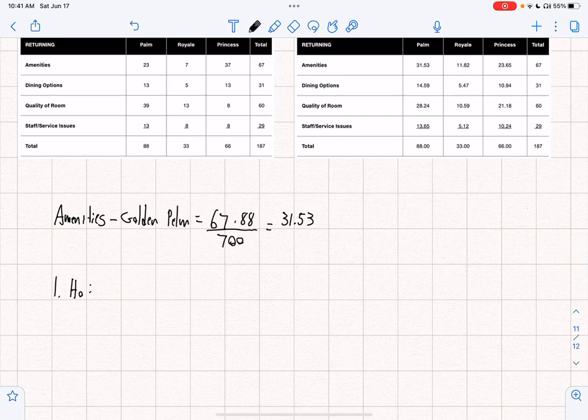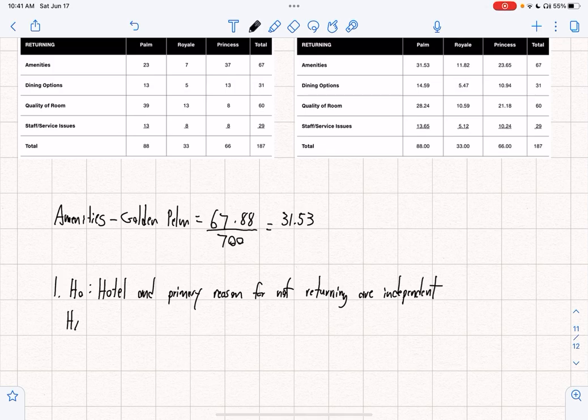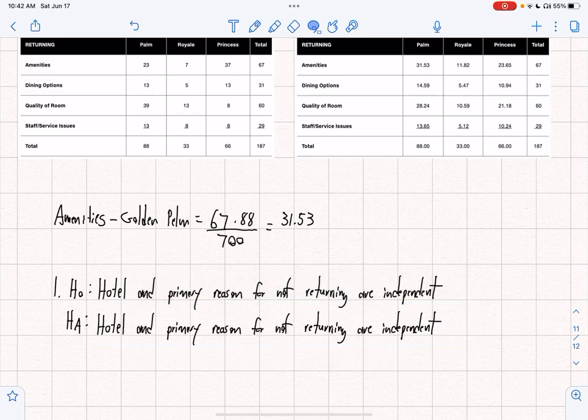Our null is that the hotel and primary reason for not returning are independent, and our alternative is that the hotel and primary reason for not returning are dependent.